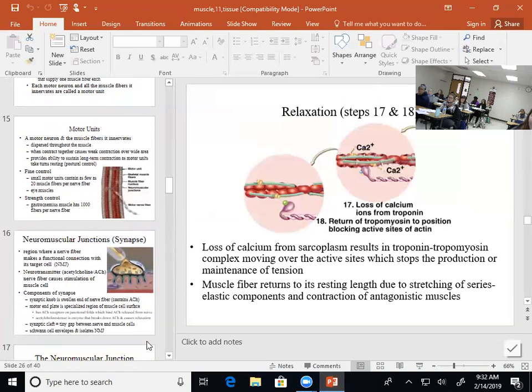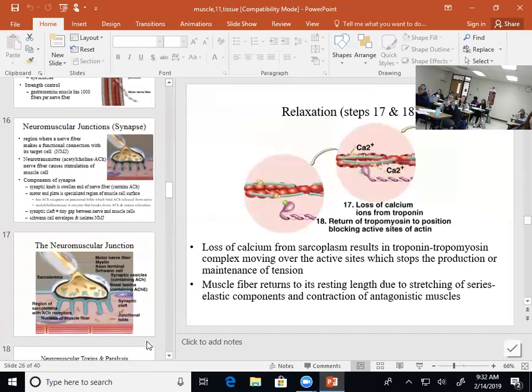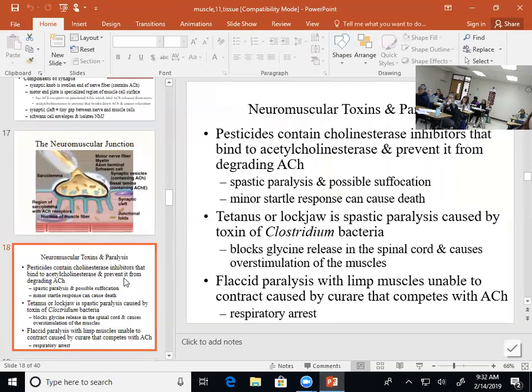There is something that I want to bring to your attention that should make perfect sense to you. When we are exposed to pesticides and some other chemicals that inhibit or bind to the acetylcholinesterase, the esterase was what was breaking down acetylcholine. So if acetylcholine is not getting broken down at that synapse, we said that's going to affect the relaxation period, isn't it? It is.